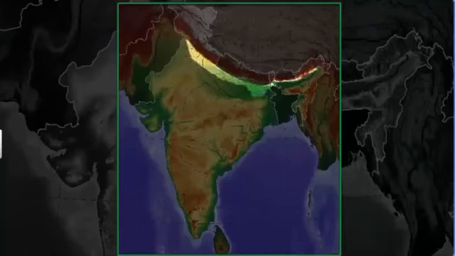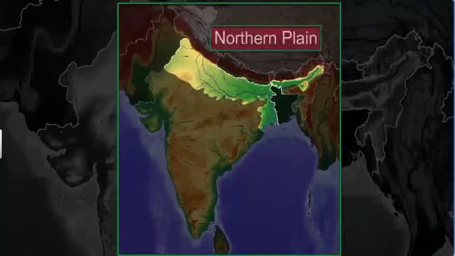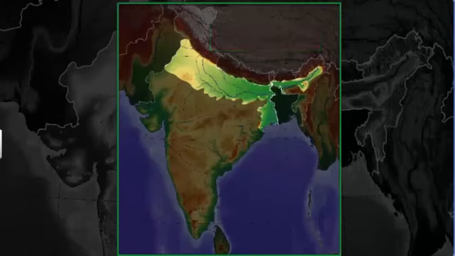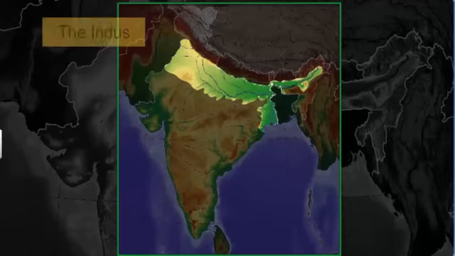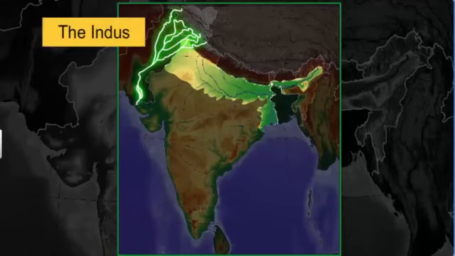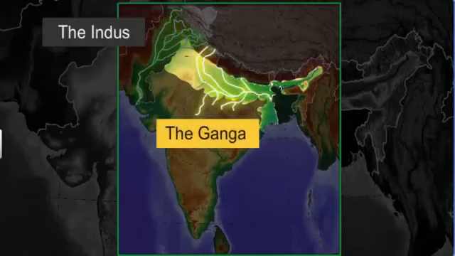The northern plain is located in the southern part of the Himalayan range. The plain is formed from the flood plains of three big river systems: the Indus, the Ganga, and the Brahmaputra.